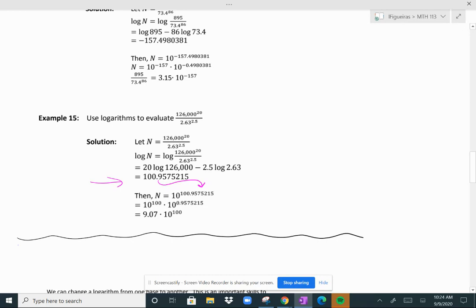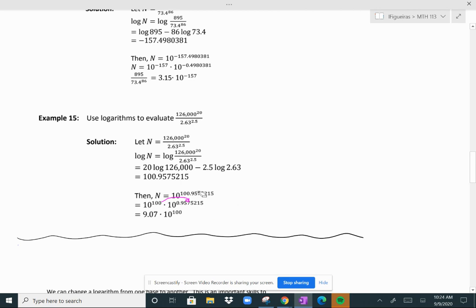But again, I'm going to use what I know about scientific notation and what you know about exponents in order to break this down. So the 10 to that power can get rewritten as 10 to the 100 times 10 to the 0.9575215, because 100 plus that number gives you the exponent above.